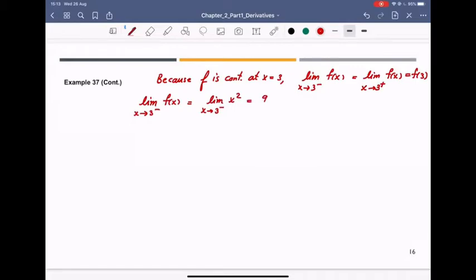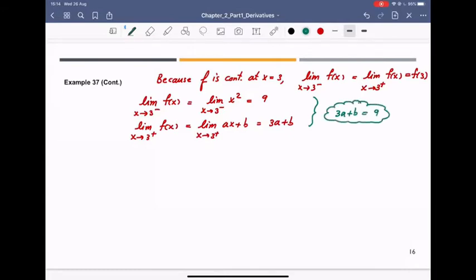Good. And then you have the limit from the right, where you use the function ax plus b, right? And then this thing you have 3a plus b. So because you know that they are equal to each other, here you have more information that 3a plus b equals 9.